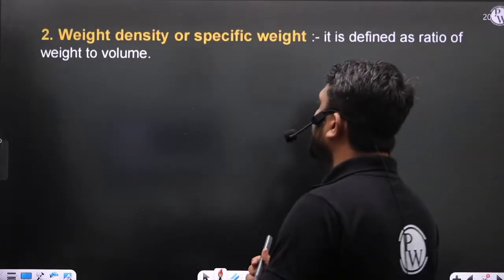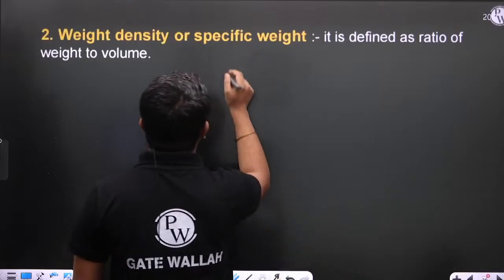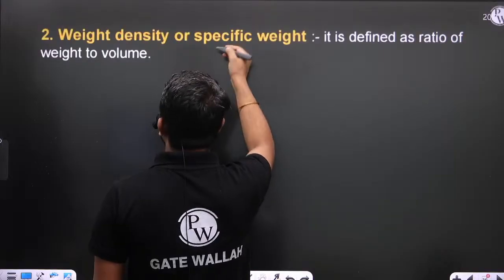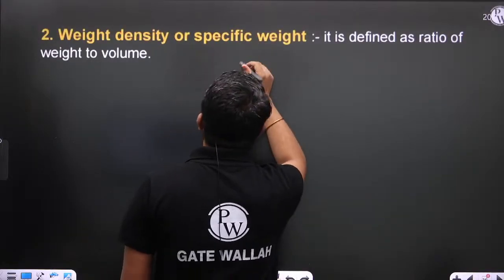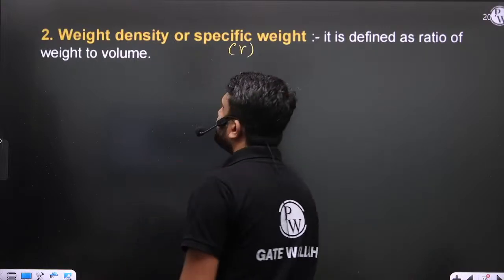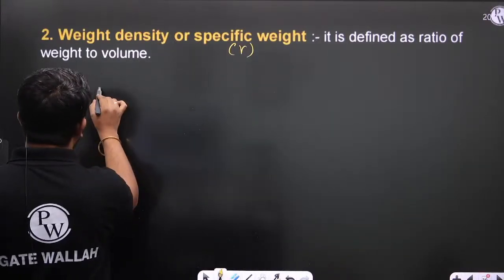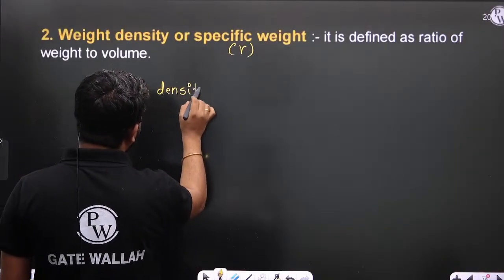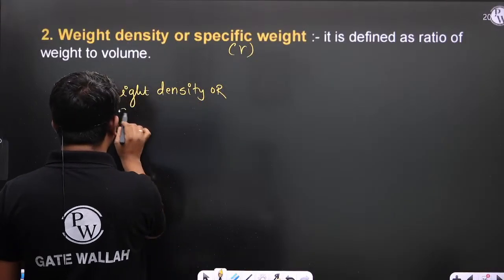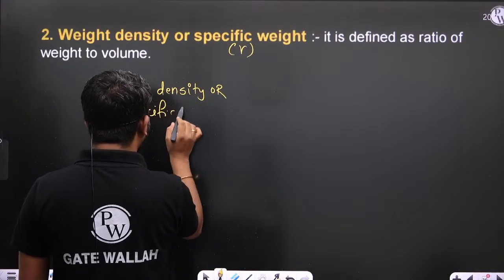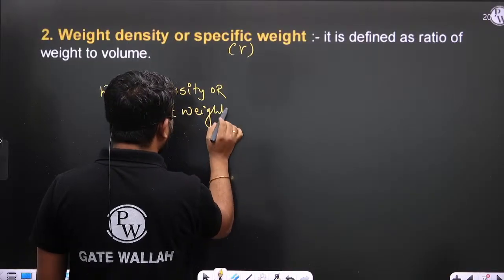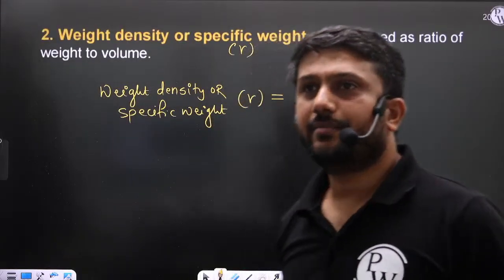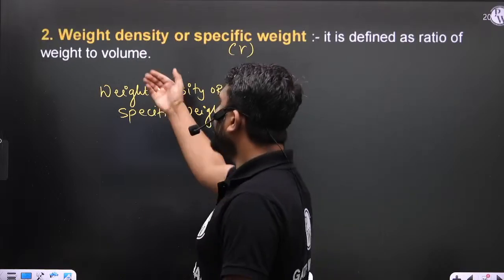Weight density or specific weight is denoted by gamma.